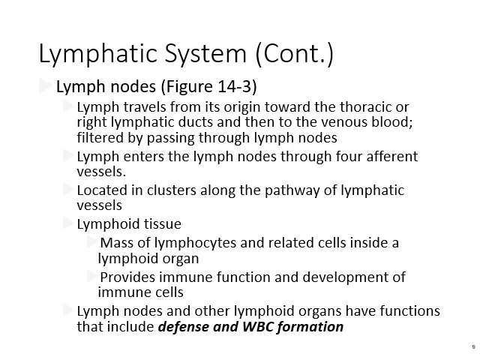Lymph nodes. Lymph travels from its origin towards the thoracic or right lymphatic duct and then to the venous blood. The lymph is filtered by passing through lymph nodes. Lymph enters the lymph node through the afferent vessels.